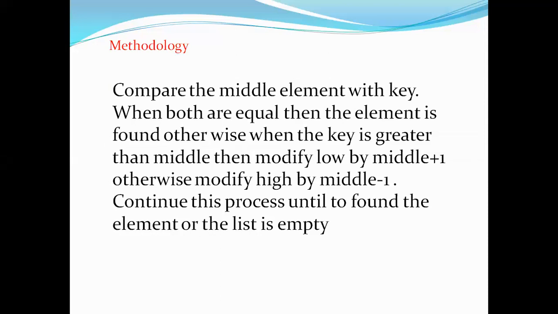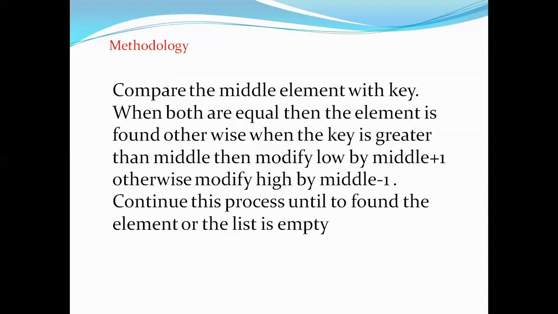When the middle element is equal to the key element, then the number is found. Otherwise, we modify either low or high. When the key element is greater than the middle element, modify low to middle plus 1. When the key element is less than the middle element, modify high to middle minus 1.